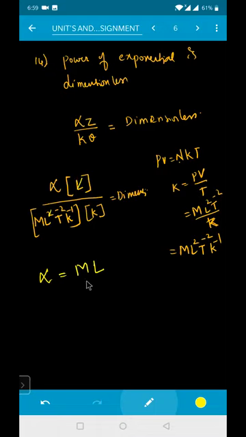So it will become M into L, then T to the power of minus 2, because everything is going here. M will remain the same. K and K will get cancelled. So the dimension of alpha, how much am I getting? Alpha is equal to M L T power minus 2.